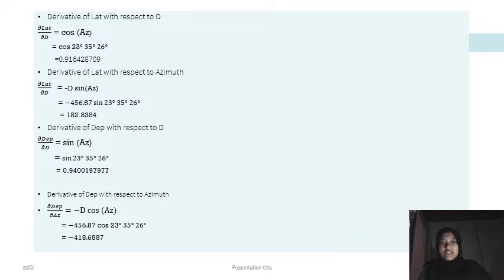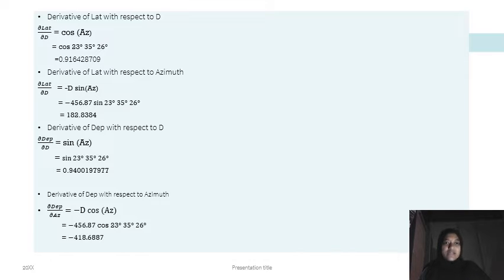The next step is the derivative of dep with respect to d. Partial derivative dep per partial derivative d equals sine azimuth. The answer for sine of 23 degrees, 35 minutes and 26 seconds, we get 0.9400197977.